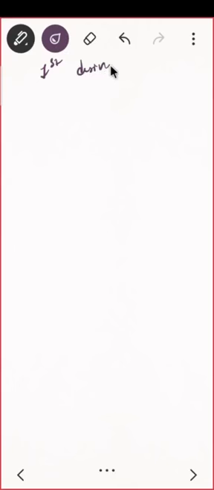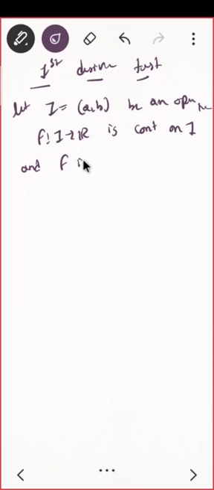Proof is very simple. From the graph it is quite simple. So let me take an interval. Let I equal to (a, b) be an open interval, and suppose your function f from I to R is continuous on I. You are also given that f is differentiable on I, except possibly at a point P, where the derivative may not exist.